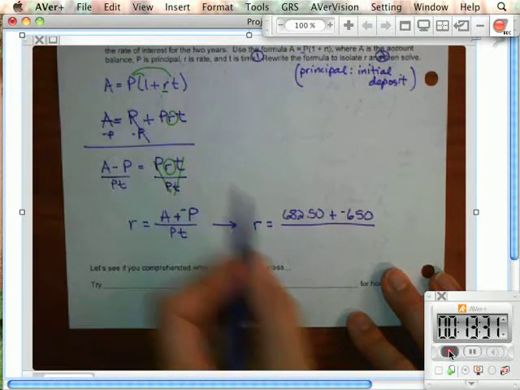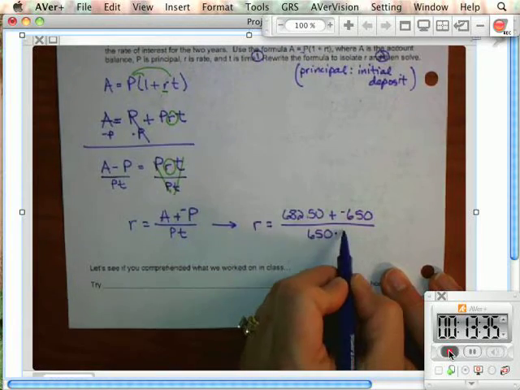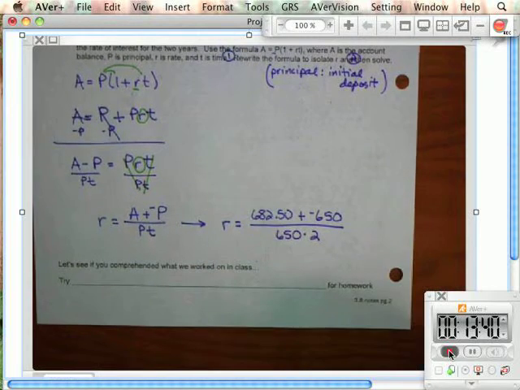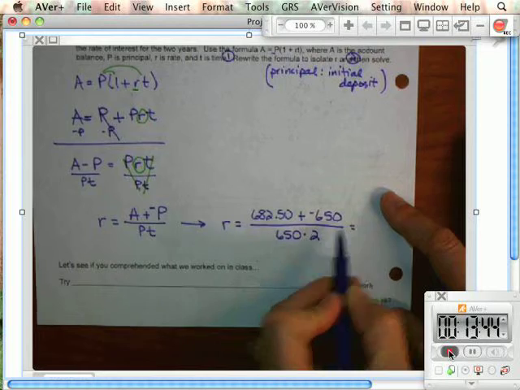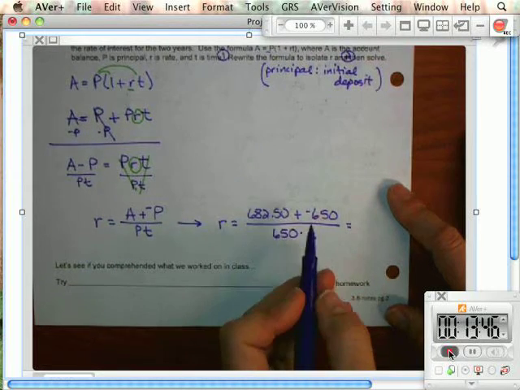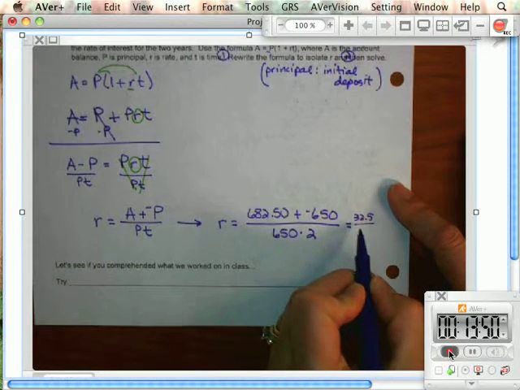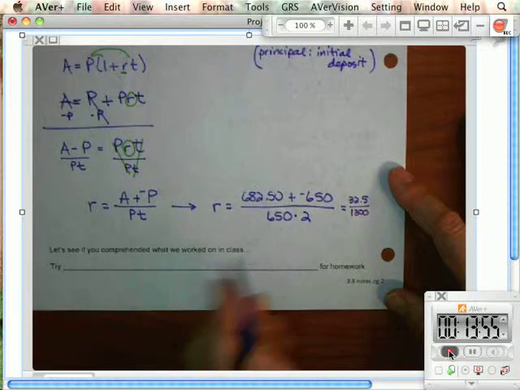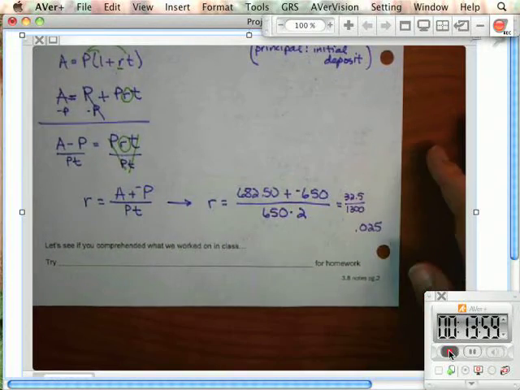Again, I have another P times T. And when you do all of that on the calculator, you get 32.5 on the top, you get 1,300 in the denominator, and then you get 0.025 when you do this.